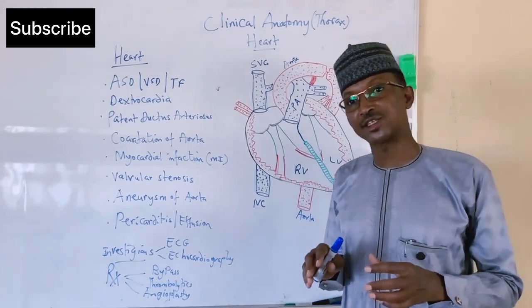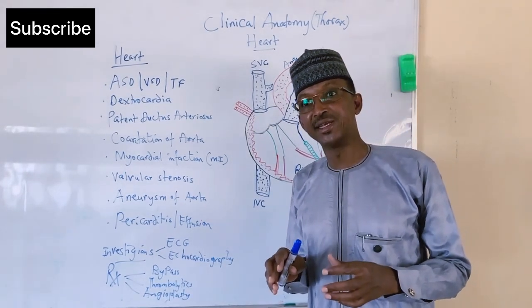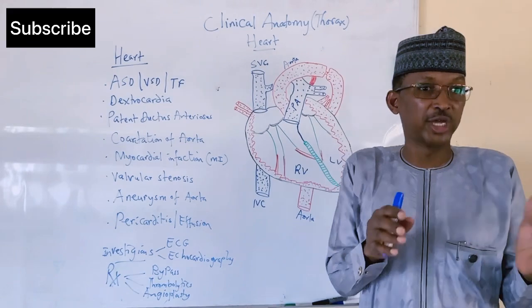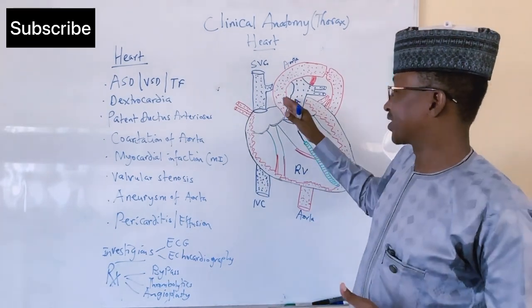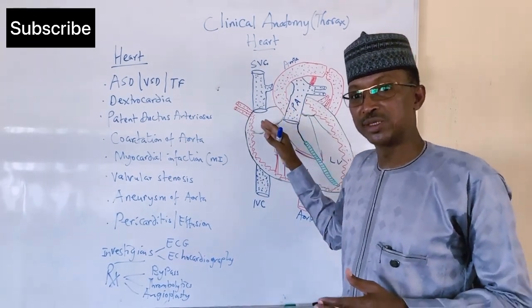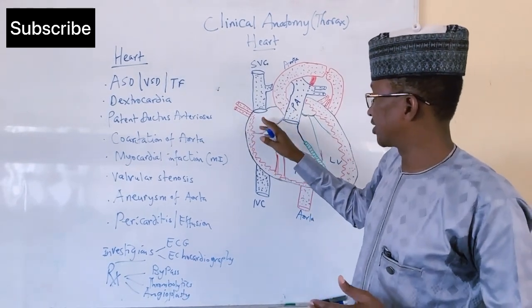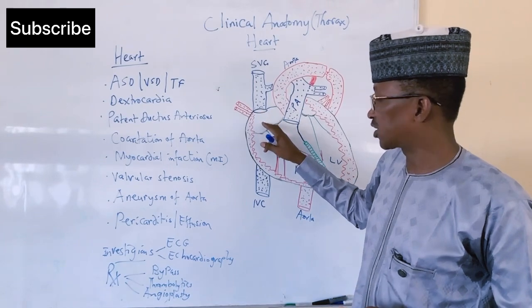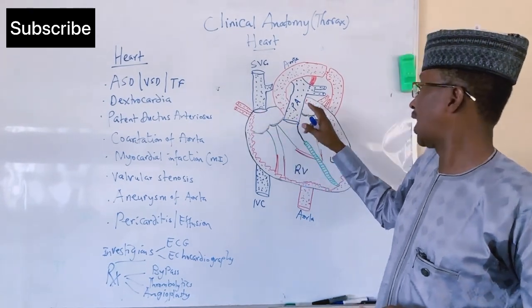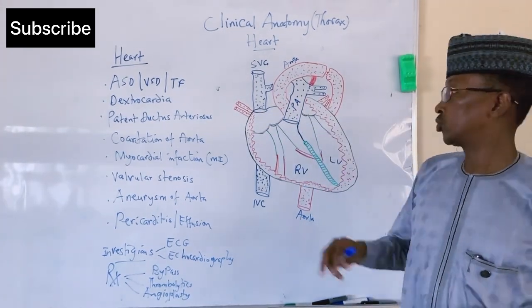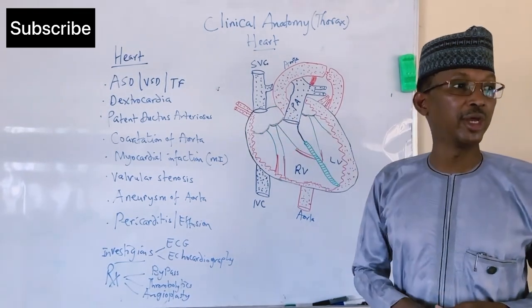So that atrial septum may likely have a defect, because you know that during embryology there is a gap in the septum. That means there is a communication between the right atrium and the left atrium through what we call the foramen ovale.